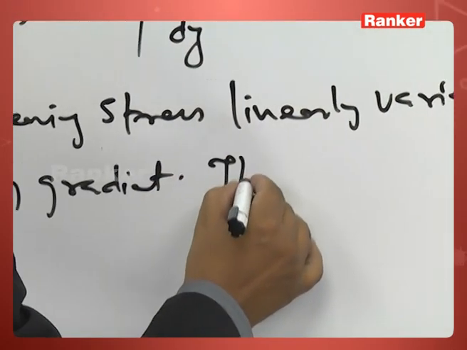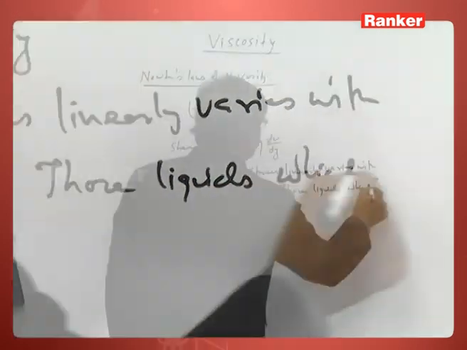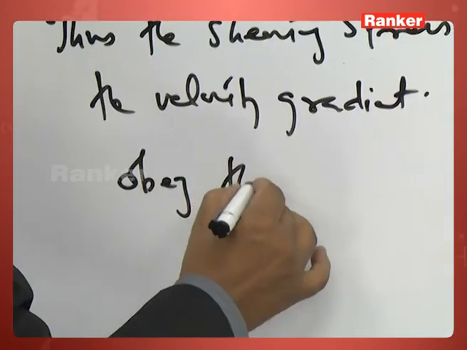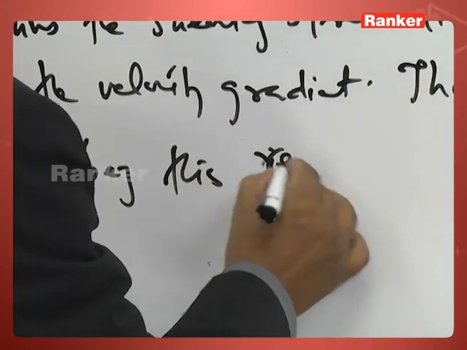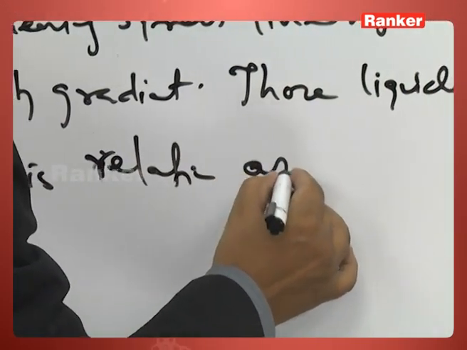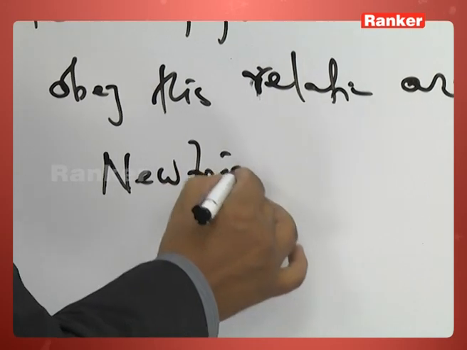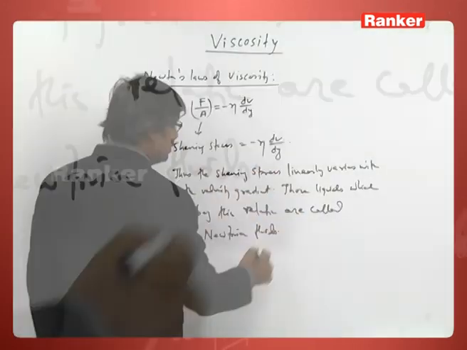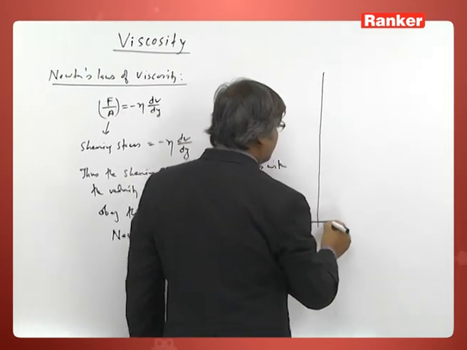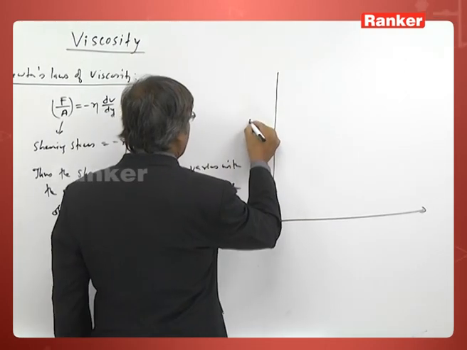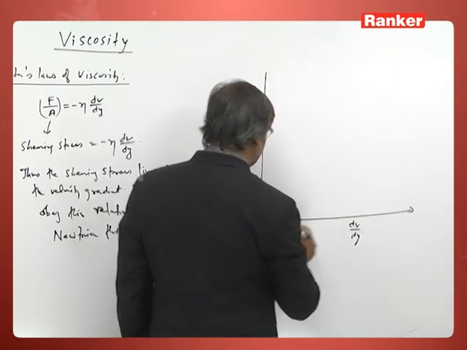So, those liquids which obey this relation are called Newtonian fluids. This linear relationship can be shown in the form of a graph. Here is F by A, the shearing stress, and here the velocity gradient.